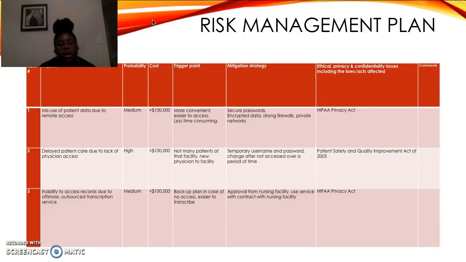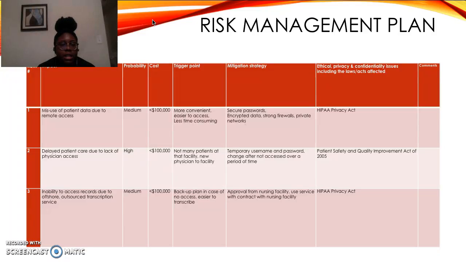So you would make sure his passwords are secure, make sure the data is encrypted, he has very strong firewalls, he accesses it only over private networks, and just make sure that when he accesses it, he isn't around anybody who is not a part of the treatment team and could take the information and use it negatively, and that would violate the HIPAA Privacy Act.